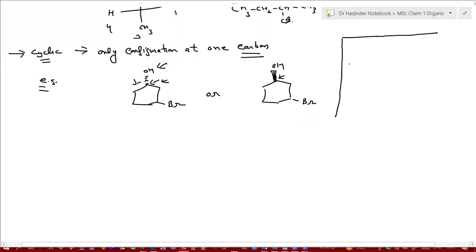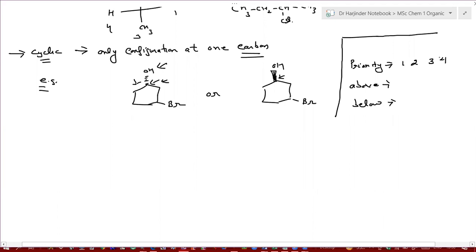You have to remember this sequence: the priority of a group which is either above or below the plane. So this priority is for a group which is either above or below the plane in the structure. And you have assigned priority according to CIP rules, so priority may be 1, 2, 3 and 4.